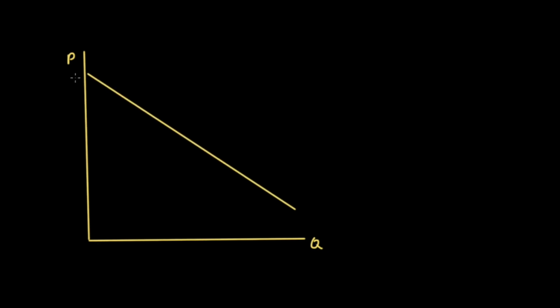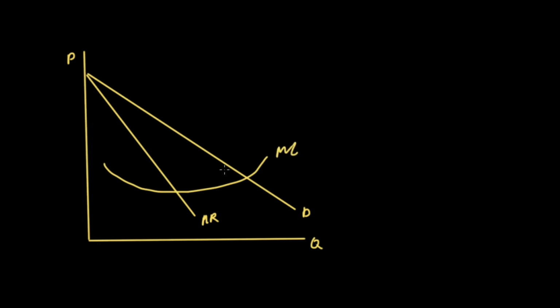So the demand curve, the marginal revenue, I'll just label this MRD, and we have our marginal cost, which looks like this, our average total cost, which looks like this. Average variable cost, let's make this average variable cost. And then on top of the average variable cost, we also have the fixed cost.